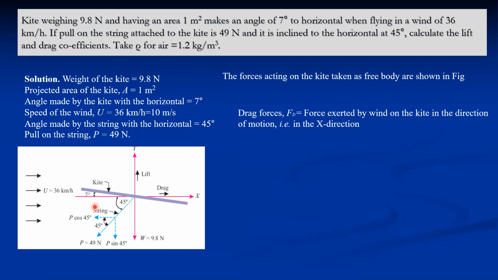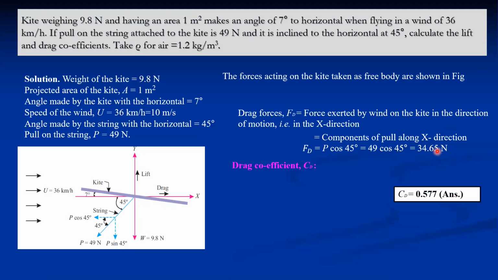So we have Fd, that is equal to the force exerted by wind on the kite in the direction of motion, that is, in the x direction forces. So all x direction forces, so Fd is equal to P cos theta, cos 45. So that is the drag force. Then use the expression of Fd for calculation of the drag force, which is equal to CD A 1/2 rho u square.